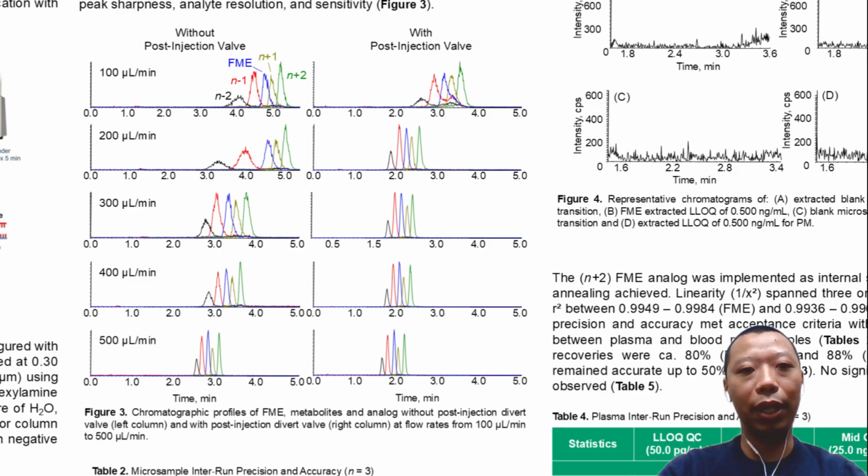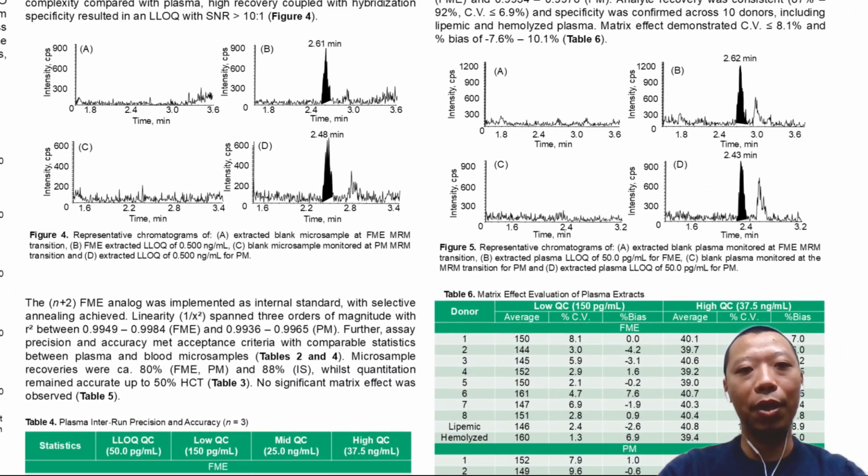Our method demonstrated exceptional performance in ASO bioanalysis. The lower limit of quantitation, or LLOQ, was 50 picograms per mL for plasma and 0.5 nanograms per mL for the dry blood microsamples, as shown in Figures 4 and 5.